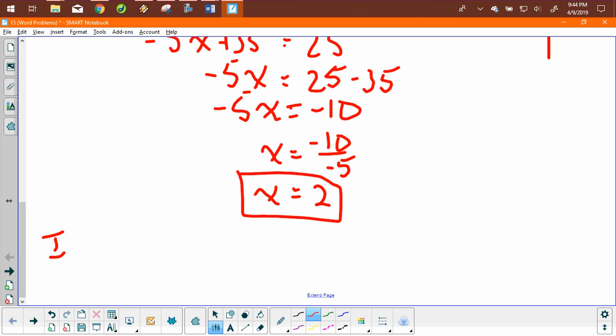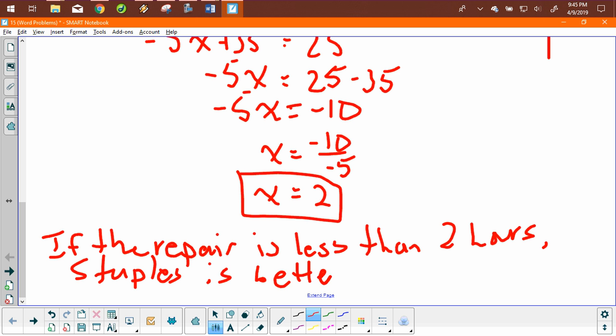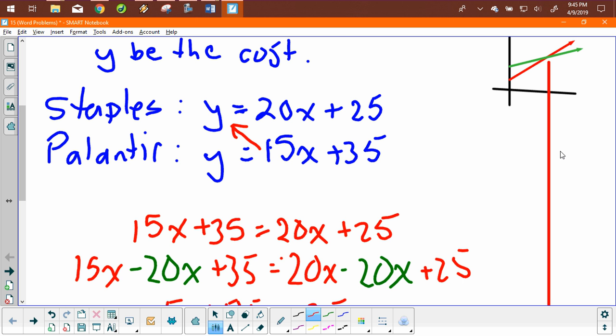So if the repair is less than 2 hours, Staples is better.